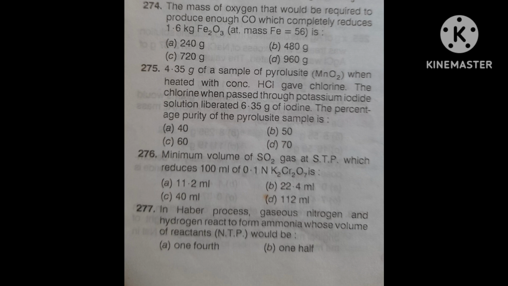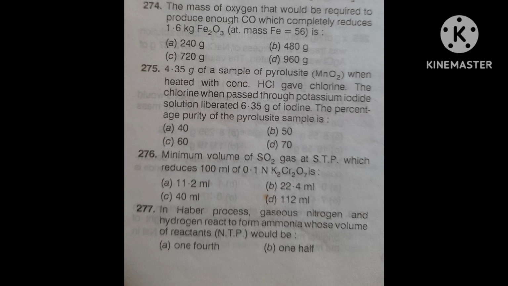You will get K2Cr2O7 plus H2SO4 plus 3SO2 on the left-hand side, and on the right side K2SO4 plus Cr2(SO4)3 plus 4H2O. Here, only the left side you have to consider.